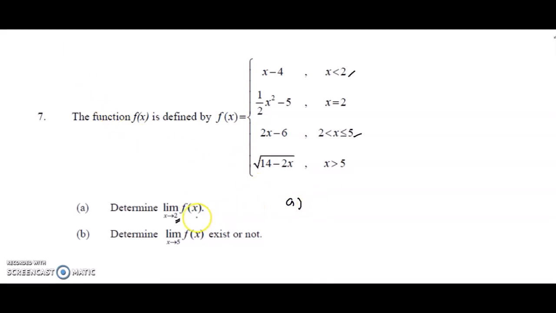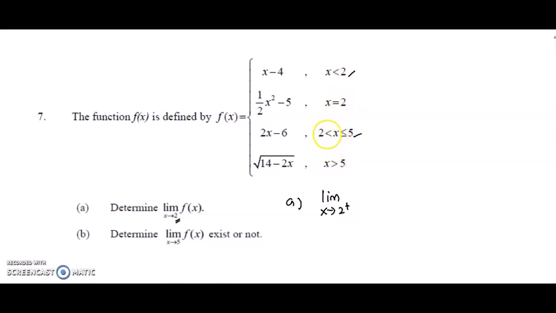So let's look at question A. To evaluate this limit, I'm going to get the right-hand limit first. The right-hand limit is 2 positive, when x approaches 2 from the right side. You can just plug in a value like 2.0001. Ask yourself, which interval does 2.0001 fall in?